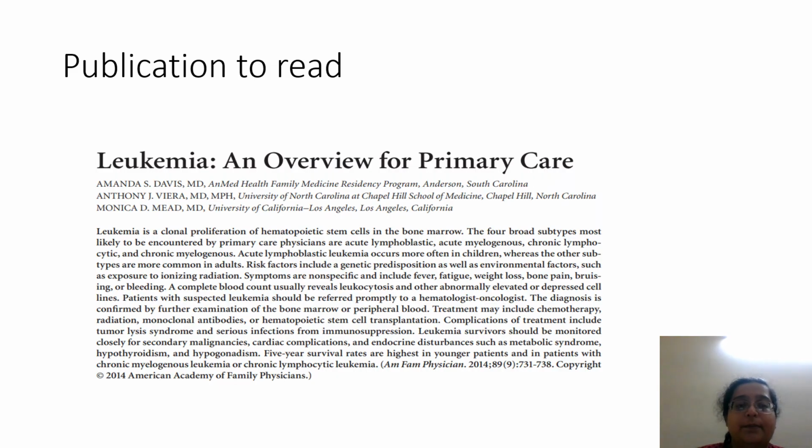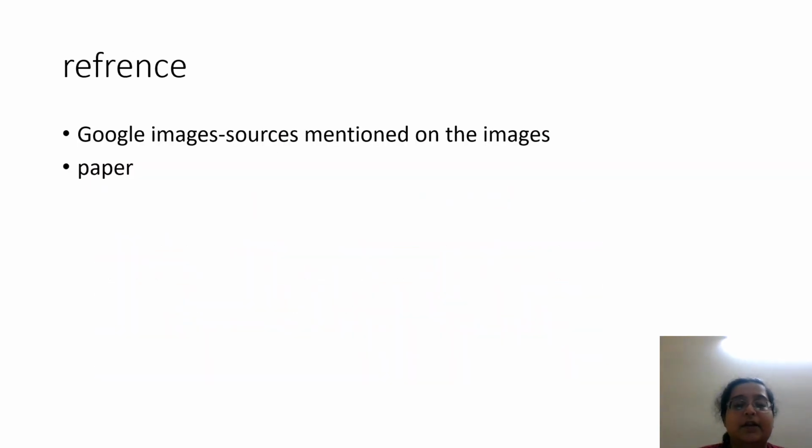This is the paper by Amanda S. Davis. You can read this and you'll get an overview of how to go about with the case of leukemia. These are my references. So, mota mota again, I'll recapitulate. When a patient comes to you in the OPD, you go ahead, take the clinical history, look for organomegaly, prescribe the basic investigations, that is CBC, LFT, KFT, serum LDH, viral markers.